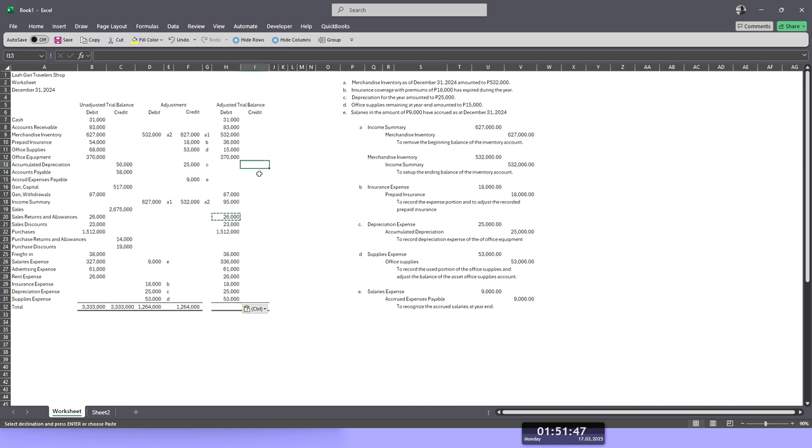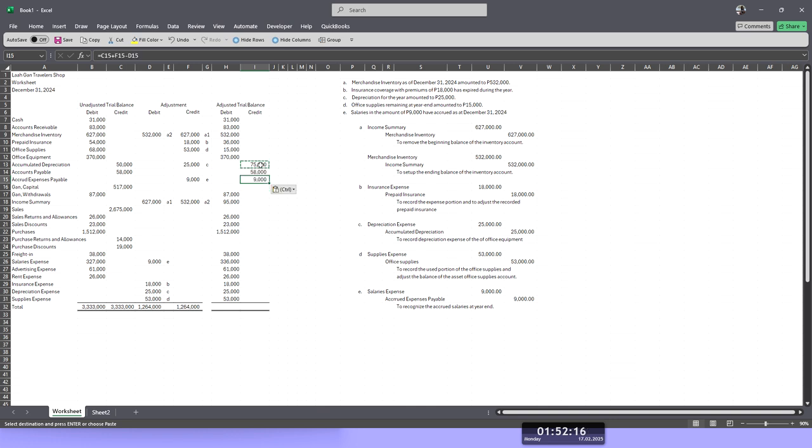And for the accounts with normal credit balances, the formula is credit in the unadjusted trial balance columns plus credit in the adjustment, and then minus debit in the adjustment column. And then I'll just copy the formula for the remaining accounts with normal credit balances, like accounts payable. Paste the formula there.